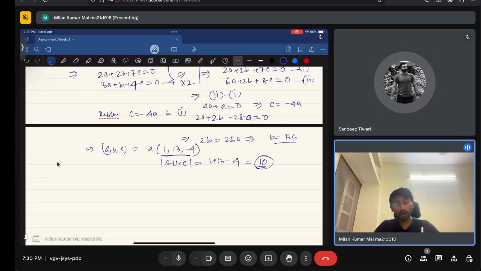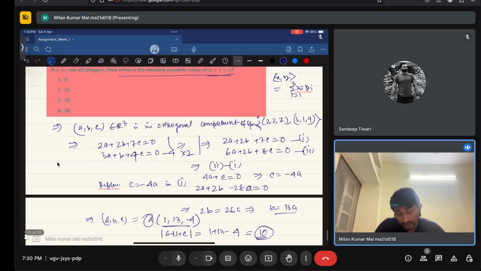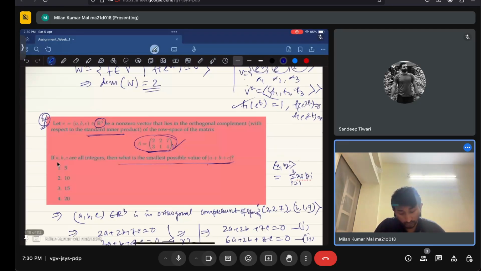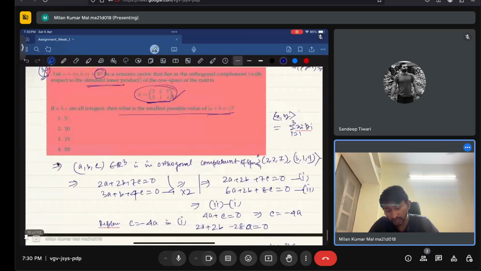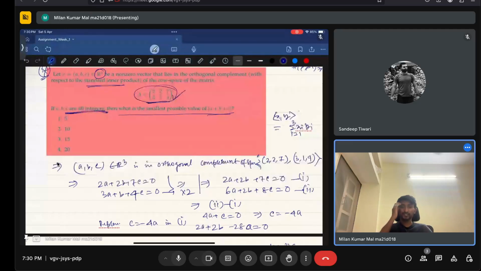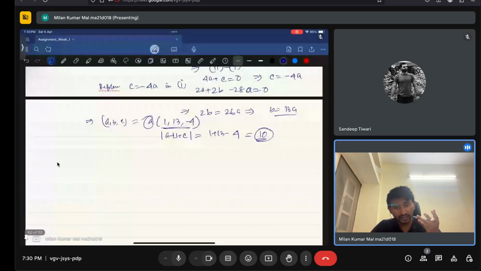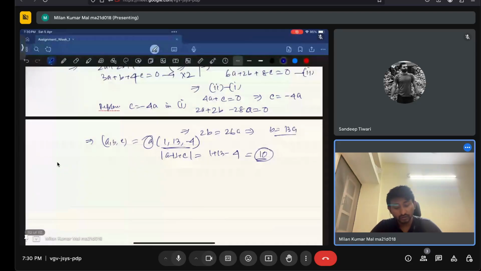Now if I multiply a, what is the smallest? Here it is asked a is in R3, so obviously they must all be integers, otherwise I can make this infinitesimally small. So if ABC are all integers, as 1 is there, I can't take any integer common, right?